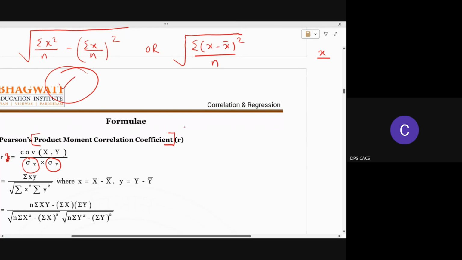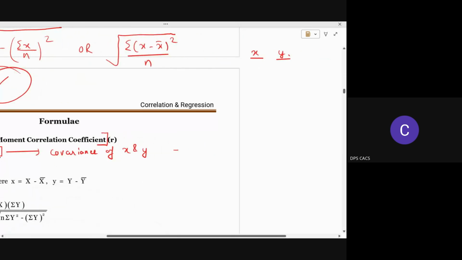But before understanding which one I am going to use, we need to understand the numerator. Numerator is COV. What is COV? Covariance. If you do not know, write it. COV is covariance of X and Y. What is the formula for that?